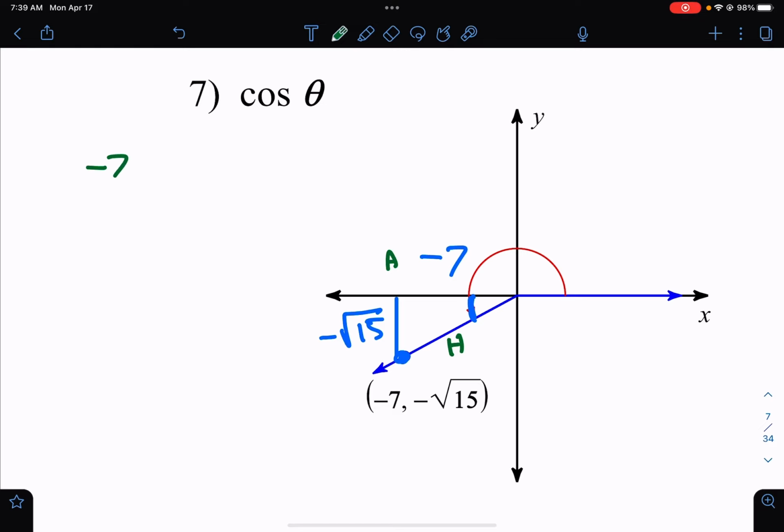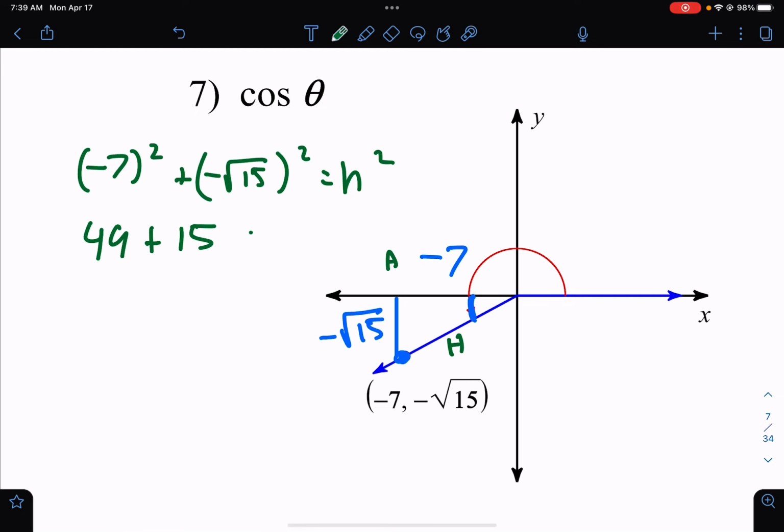So we do (-7) squared plus (-√15) squared equals our hypotenuse squared. Don't make any calculator errors here. Whenever you square a negative number, it becomes positive. So this becomes 49 plus 15 equals our hypotenuse squared, and 49 plus 15 is 64. So our hypotenuse here is 8.